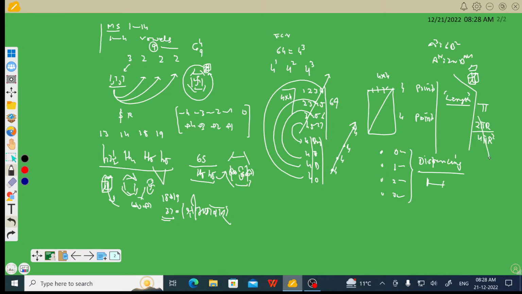So dispensing with the units and curvature is the main achievement of Vedic systems.